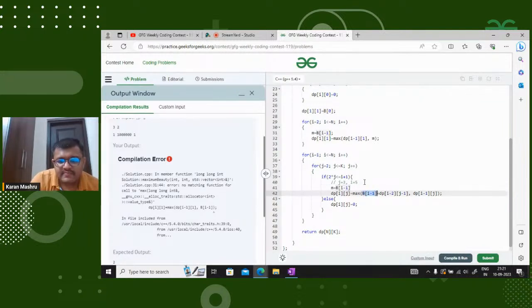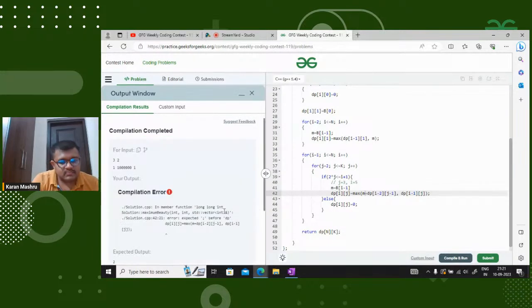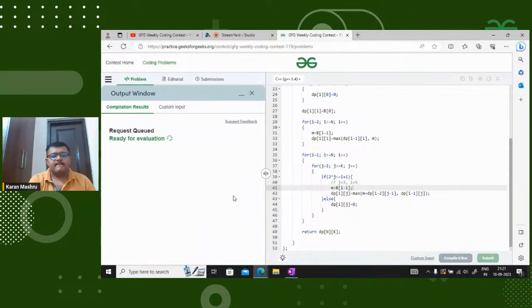Because b is of type integer and dp is of type long, so they are not comparing those two values. So we have solved this.